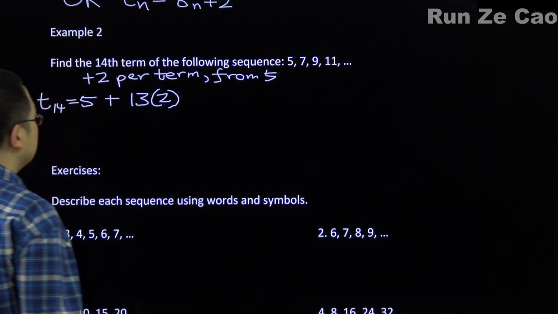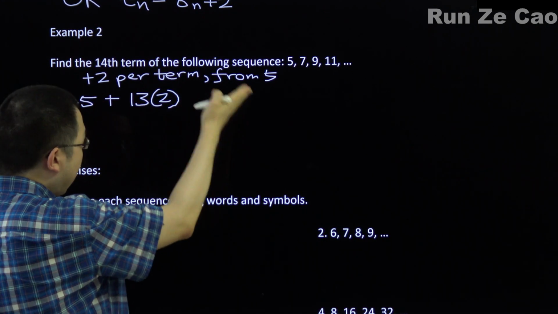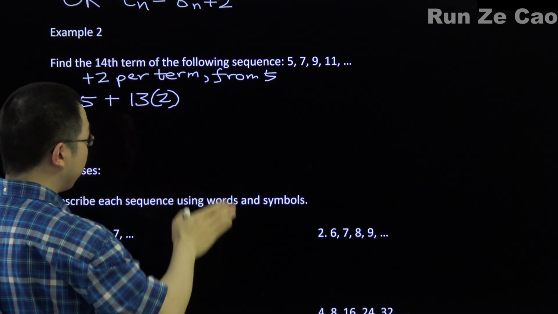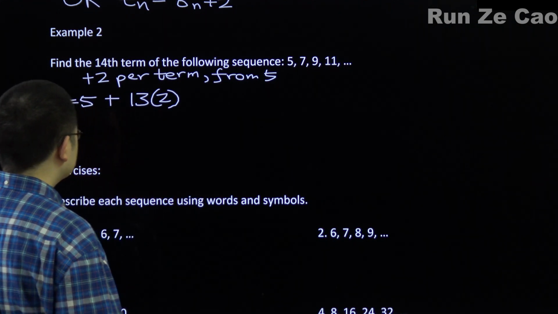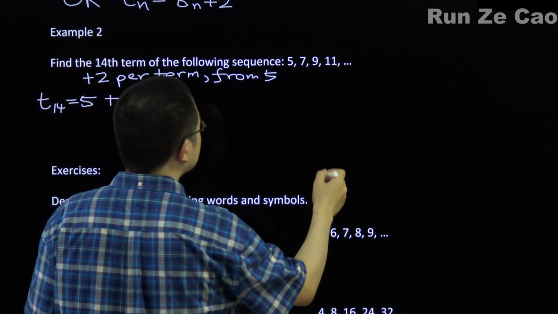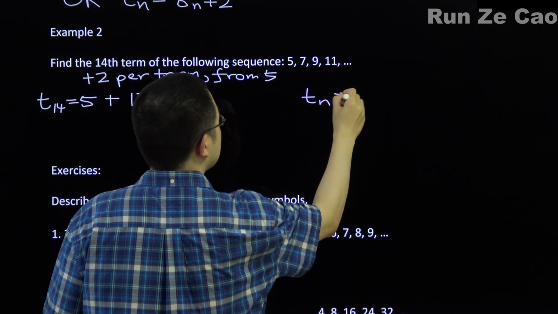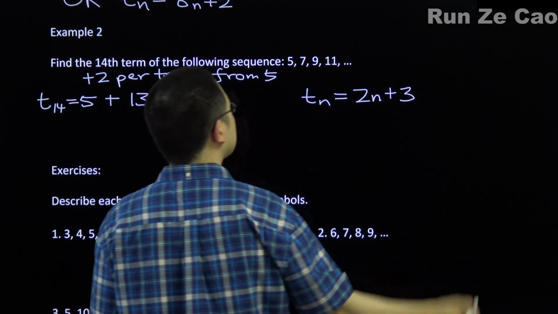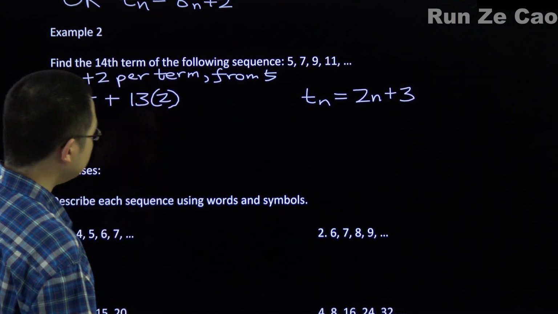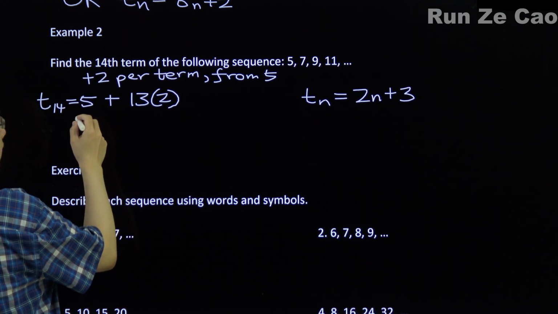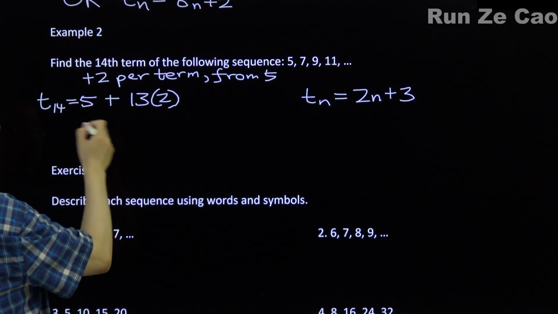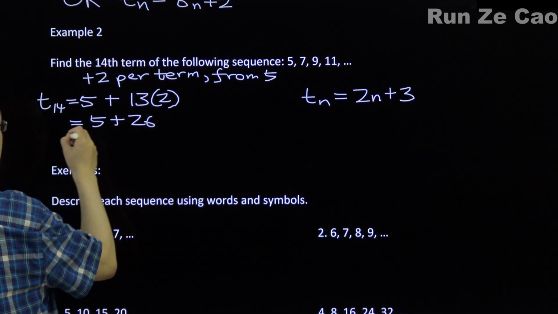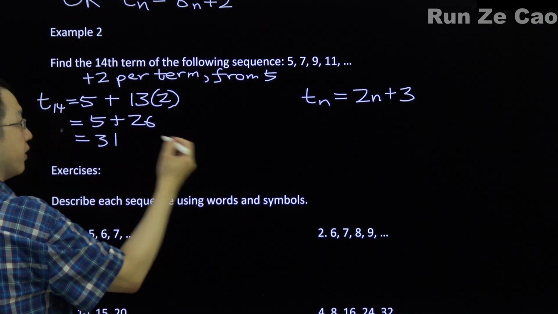Okay. You could also find the term n general formula, which would have given you this. Tn equals 2n plus 3. Okay, but going off this version, you would have ended up with 5 plus 26, which is equal to 31.